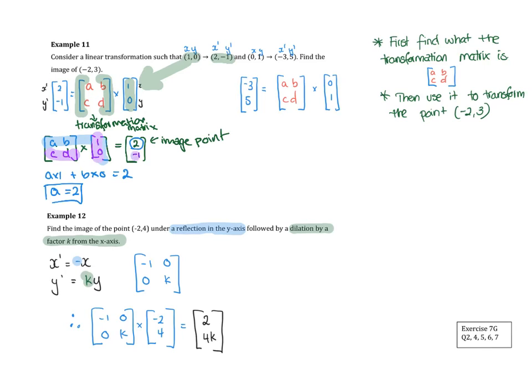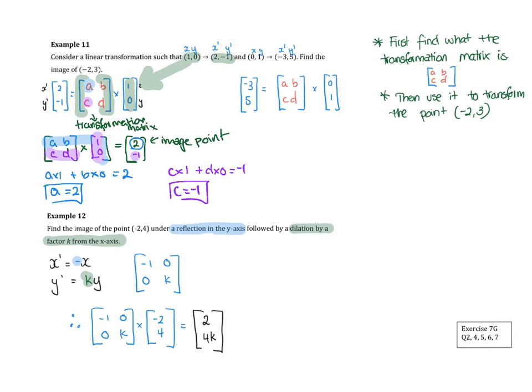So I go C times 1 plus D times 0 equals -1. And what does that work out to be? C equals -1. So at the moment, I know what A is, but they gave me 2 points, so I can do the same over here and work it out.